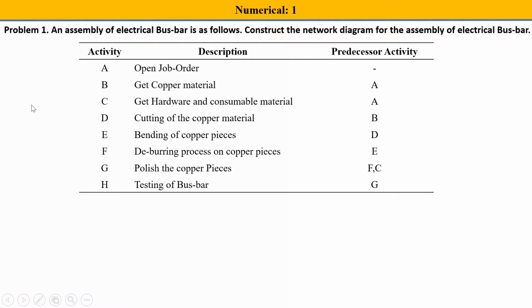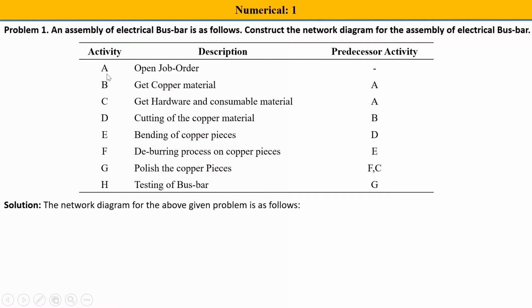So let's begin to draw the network diagram. For the above problem, the first step you have to do is always see where in the predecessor column there is a slash given. That means that activity has no activity before it.